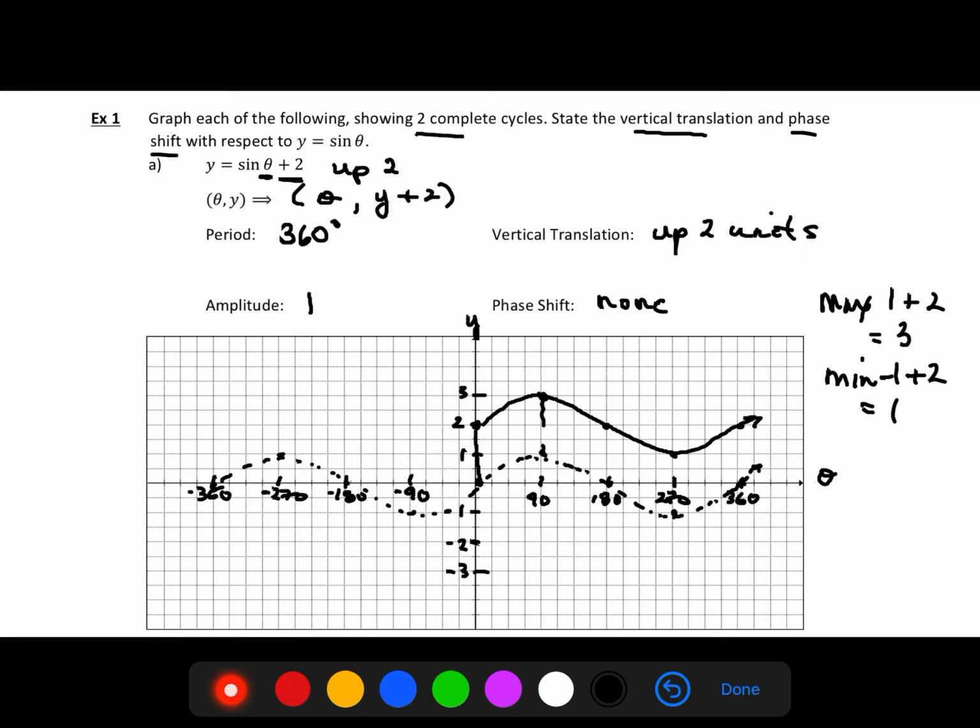And we can see that that whole thing is just shifted up 2 units. Same thing with our graph here, using our same key points or moving each individual point, whichever makes more sense to you. And there we have our graph of y equals sine theta plus 2.